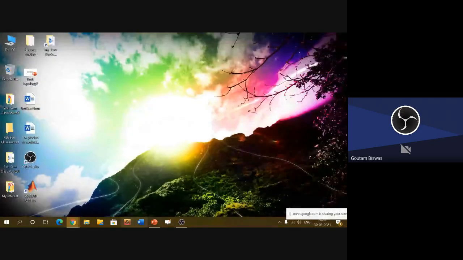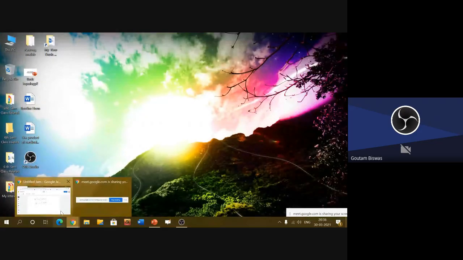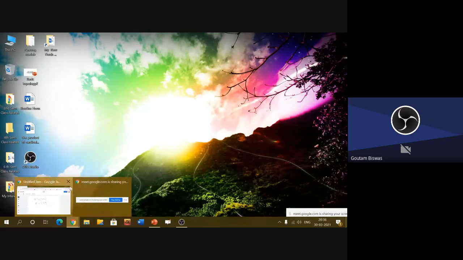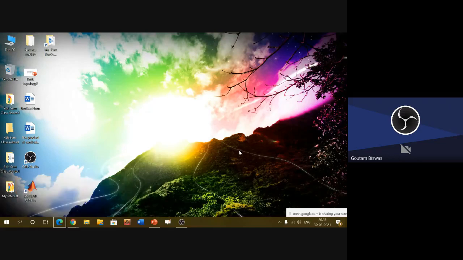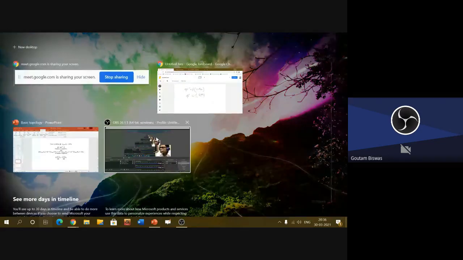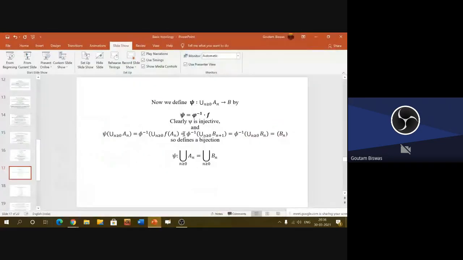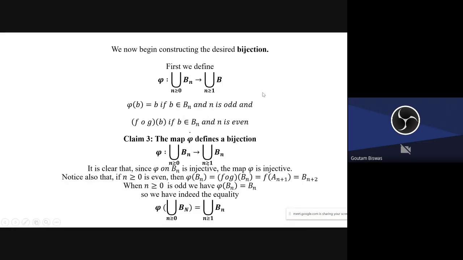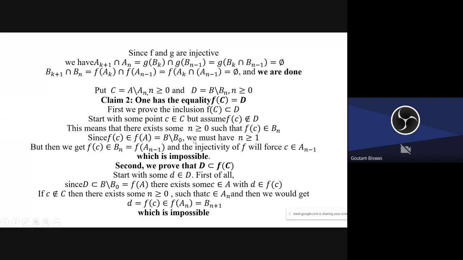Okay, now this one, phi of FAN. So phi inverse, what is FAN? FAN is nothing but here.